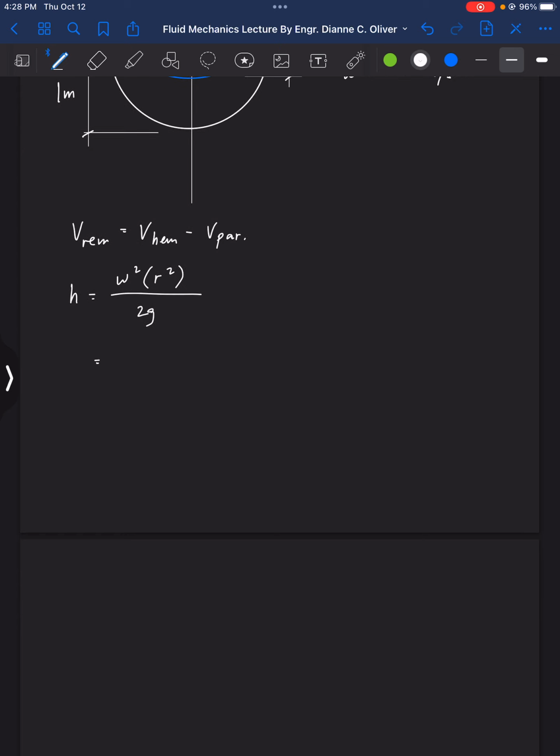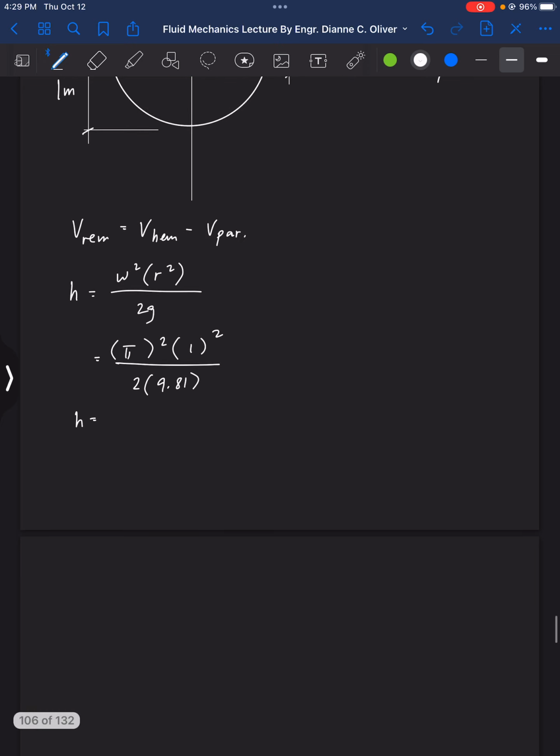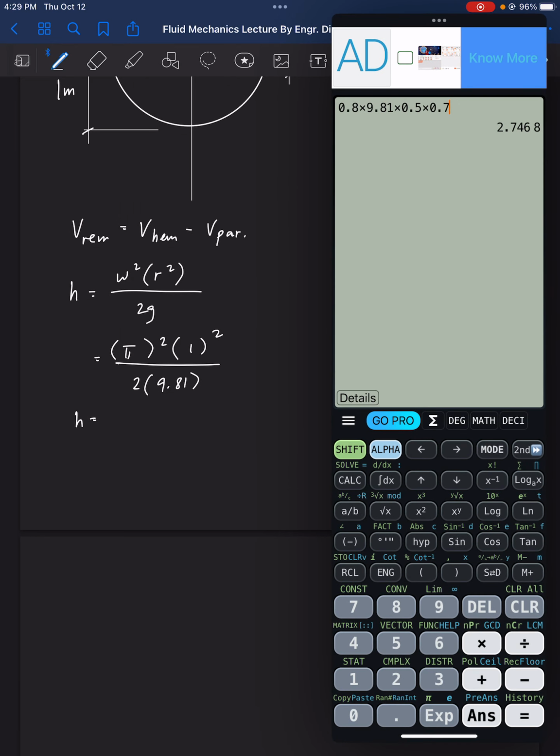So H is equal to pi squared times the radius of 1 squared all over 2 times 9.81. So H is equal to 0.503, or 0.5.